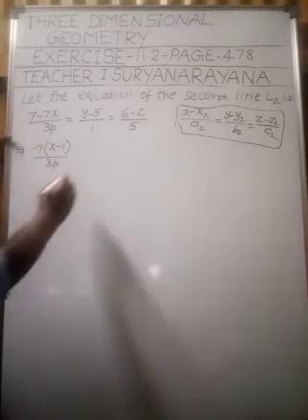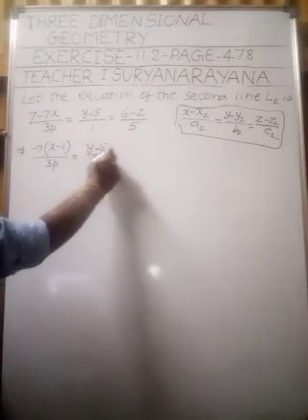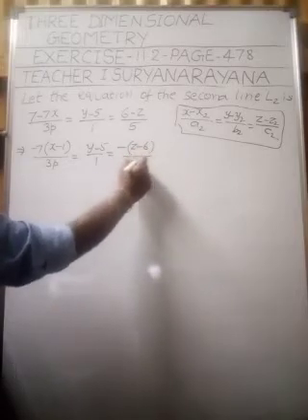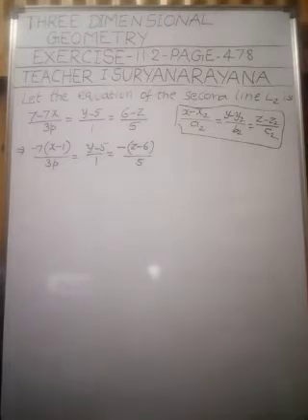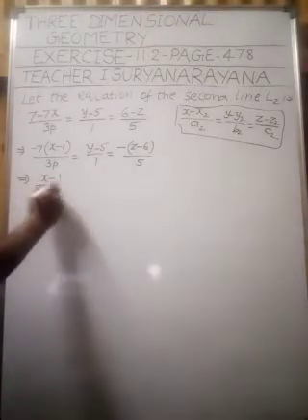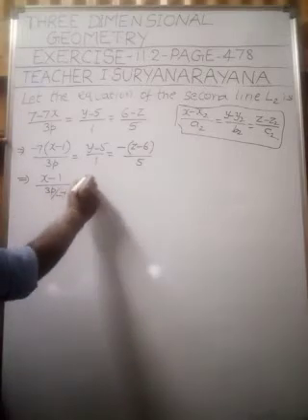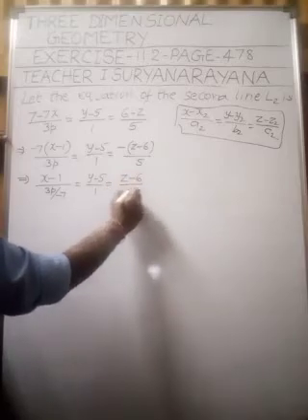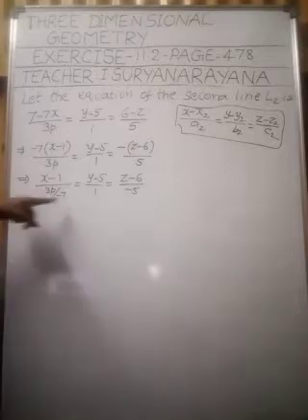Is equal to, the second term is already in the standard form, (y minus 5) by 1, is equal to, let us take minus common, (z minus 6) by 5, because the third term is not in the standard form. Now let us bring this number into the denominator. Then what do you get? (x minus 1) by (3p by minus 7) is equal to (y minus 5) by 1 is equal to (z minus 6) by minus 5. We are bringing this minus to the denominator. Understood this step?